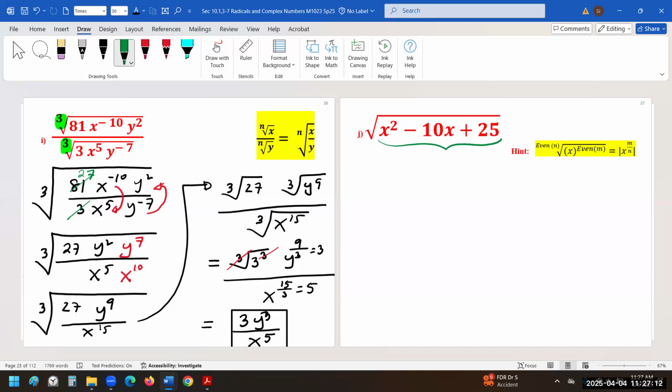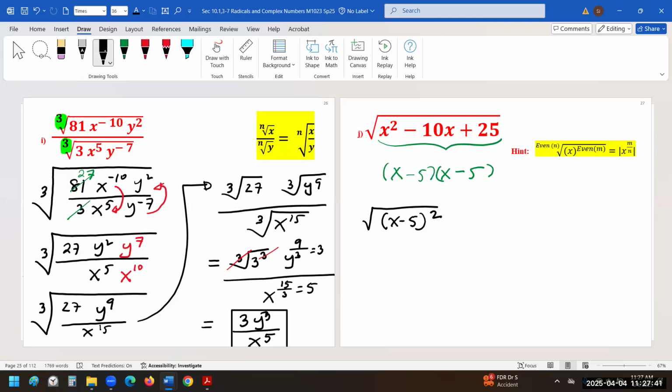Can we factor x squared minus 10x plus 25? Two numbers multiplied to 25 combined to 10. Minus 5, minus 5. That means we have the exact same thing twice. So we have square root of x minus 5 squared.